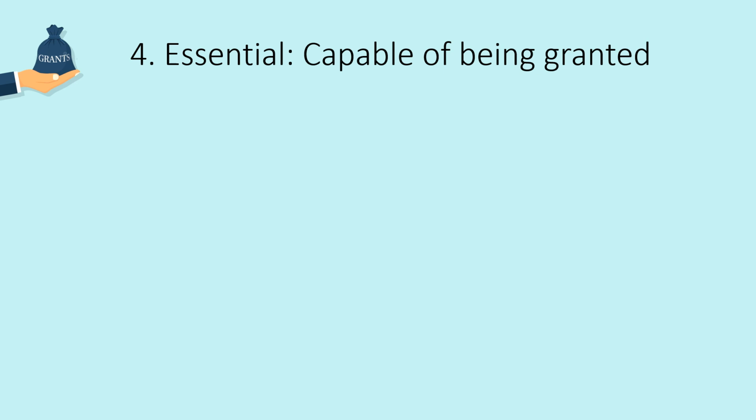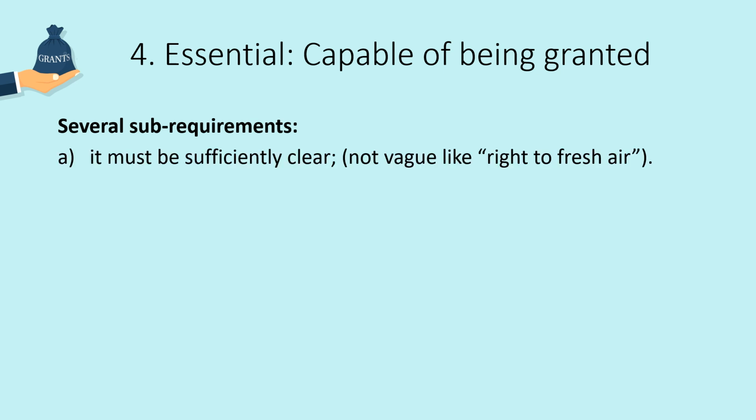Now, the fourth essential is perhaps the most complex and difficult, and that's in relation to whether the easement is capable of being granted. Unfortunately, this one has another set of 4 sub-requirements, which you will also need to know.